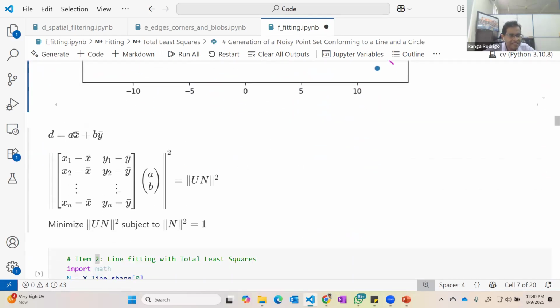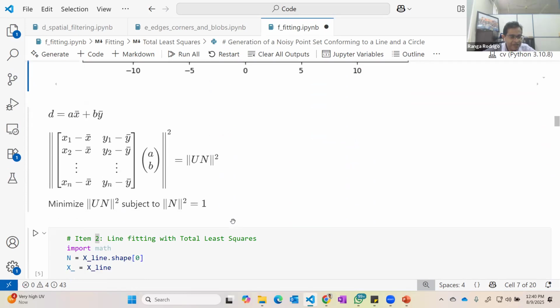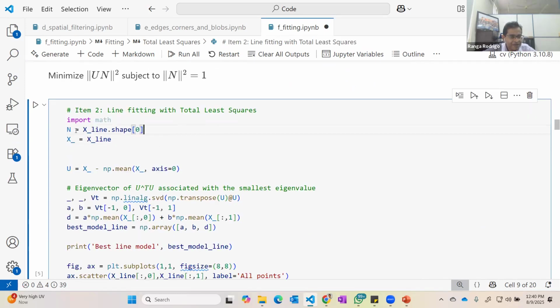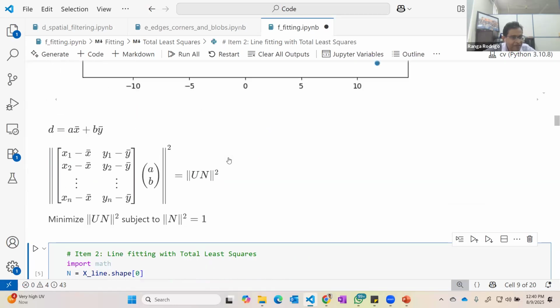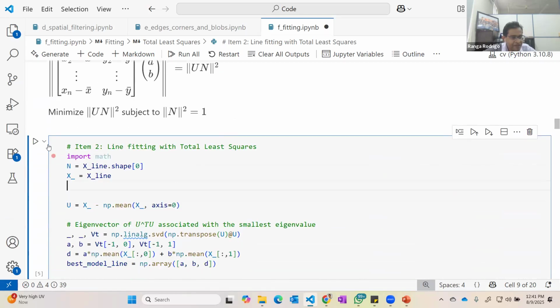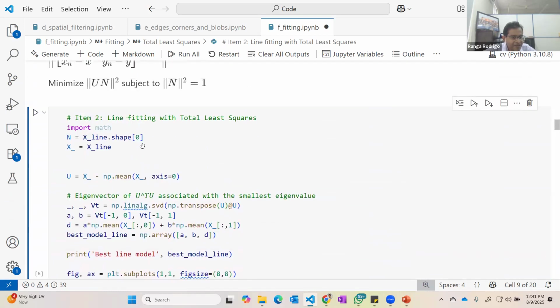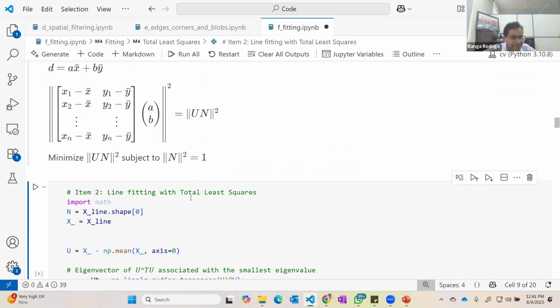Then d is equal to A x bar plus B y bar, and U is what we minimize, the norm of Un squared subject to n squared equals 1. For total least squares, capital X underscore is the data, and U is X underscore minus the mean, subtracting the mean from that. Then you get this matrix.